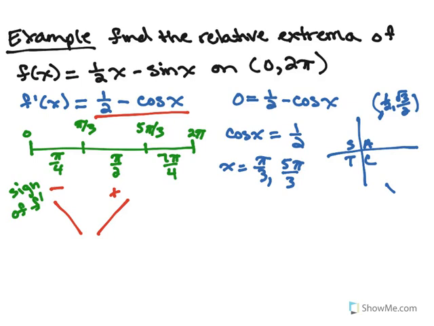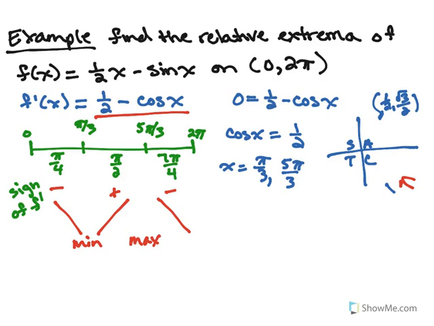Well, cosine's positive because at 7 pi over 4, we're right here. So it's the same value as at pi over 4, which is root 2 over 2. So I'm going to get the same negative decimal answer. So I can now classify these. I've got a min here and a max here.